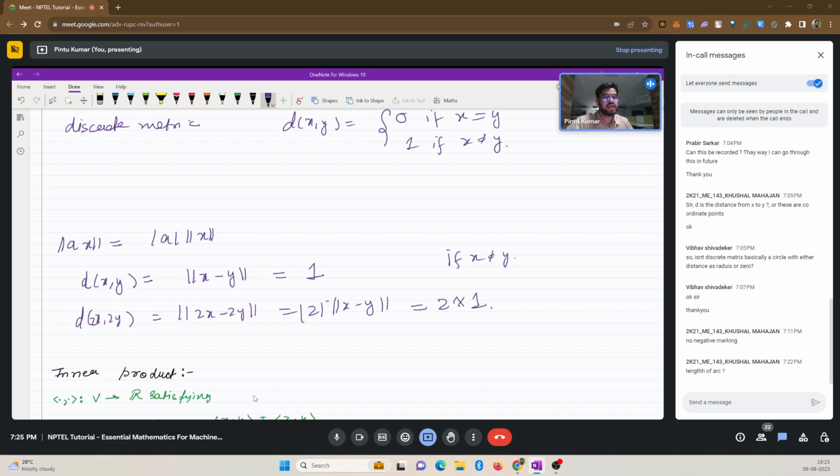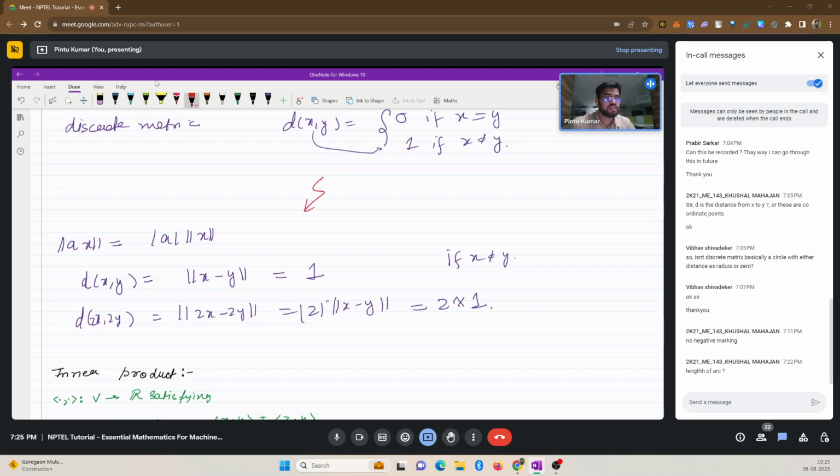But what we know is that for the discrete metric, the distance would always remain as 1. So this explanation leads us to the conclusion that this discrete metric cannot be derived from any norm, not only p norms, but any possible norm.